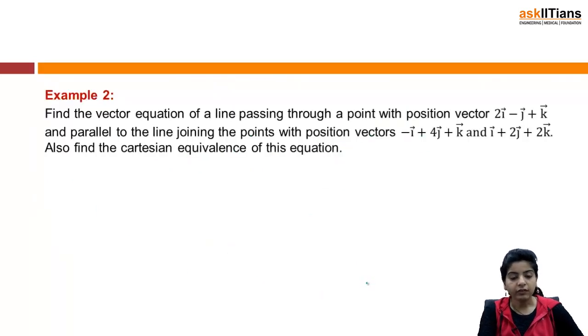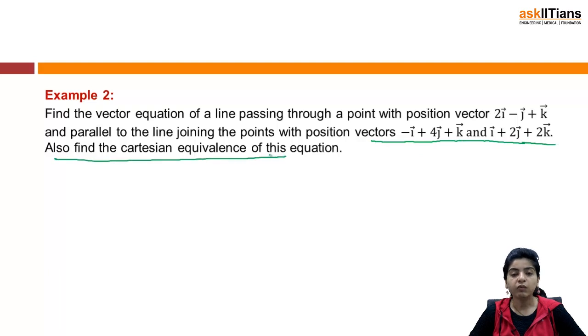The next question that we have is, find the vector equation of a line passing through a point with position vector 2i minus j plus k and parallel to the line joining the points with position vectors minus i plus 4j plus k and i plus 2j plus 2k. Also find the Cartesian equivalent of this equation. Okay.